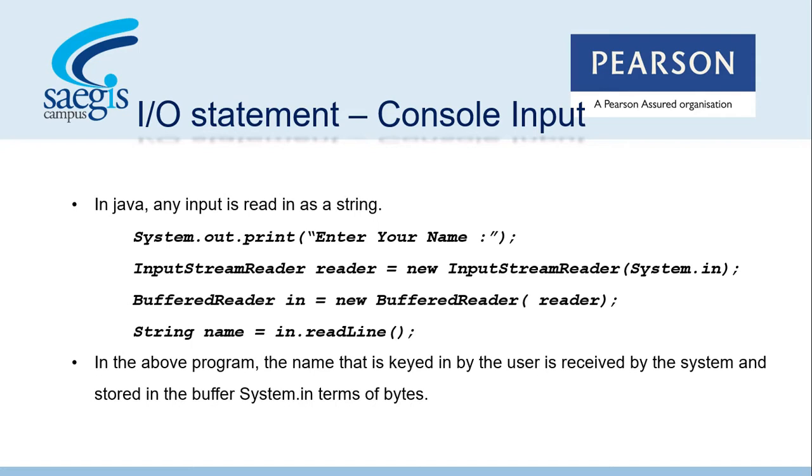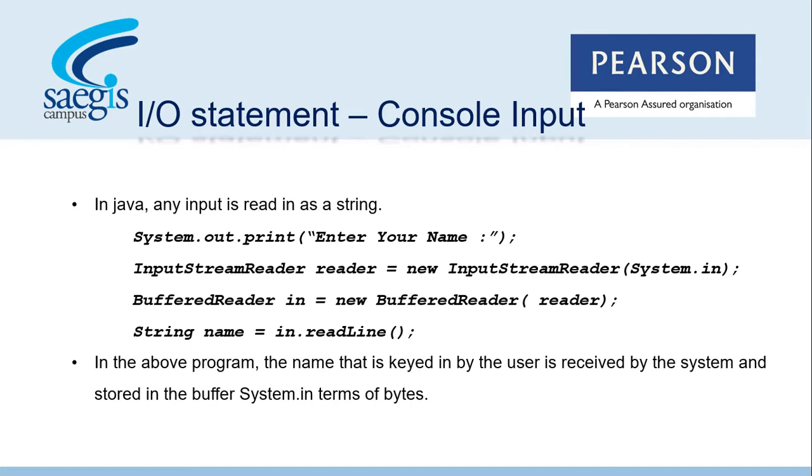So we'll see what happened here. In this program, the name that is keyed in by the user is received by the system and stored in the System.in buffer in terms of bytes. So what is a buffer? A buffer is a memory place where Java stores the input values.